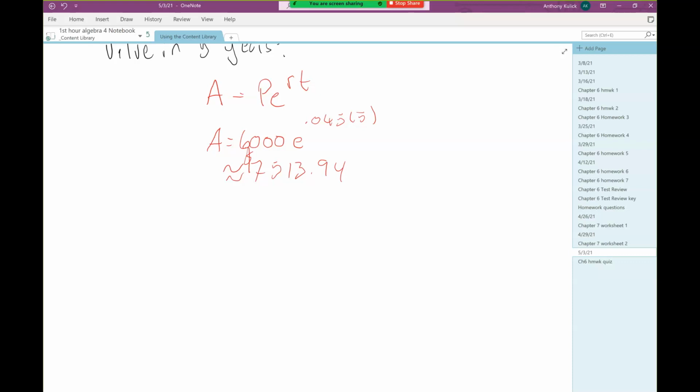What radioactive decay is, you take an element that has a certain atomic mass, and it will lose some of that mass by giving off radiation.